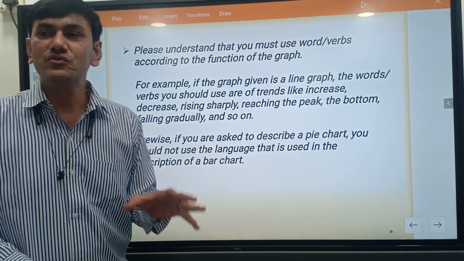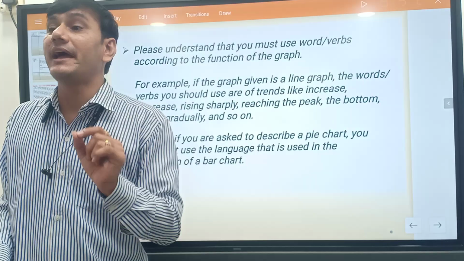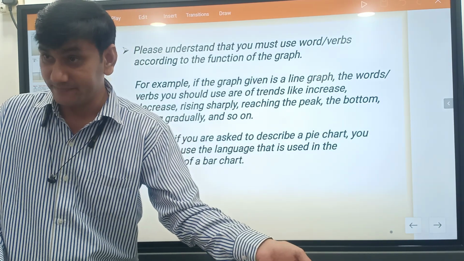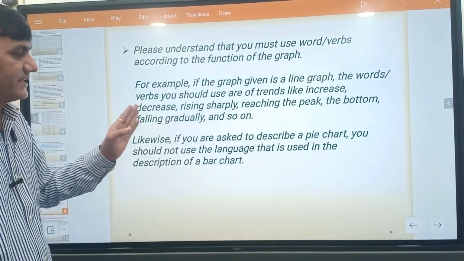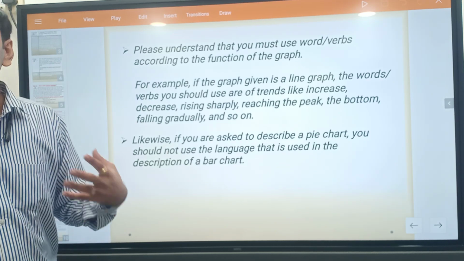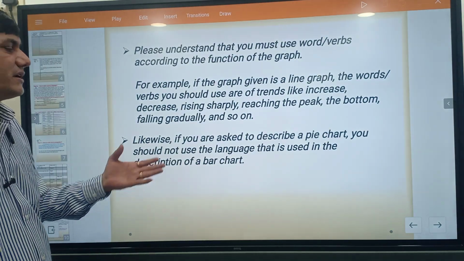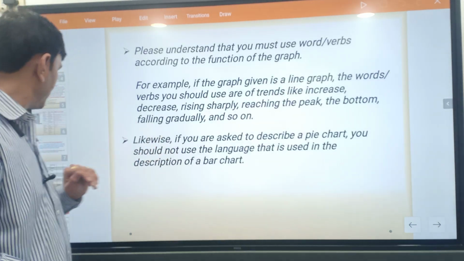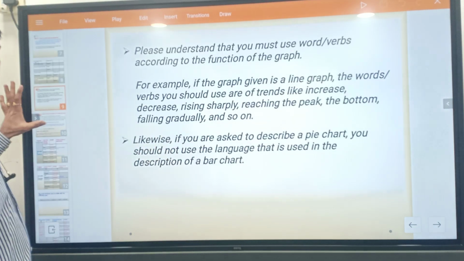These words are used for showing the line graph. You can't use these words for other graphs. Keep in mind this. Same thing. Likewise, if you are asked to describe the pie chart, you should use the language like that used in the description of the bar chart. Now let's see. Okay.